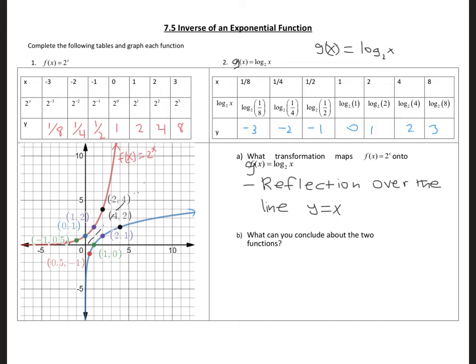That's a reflection. The conclusion I can make here is that f of x and g of x are inverse functions. They are inverse functions.